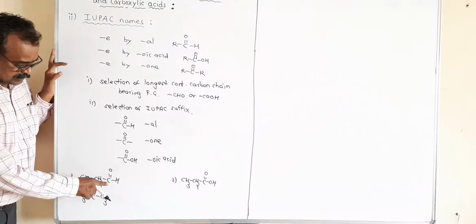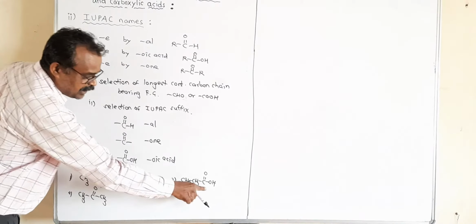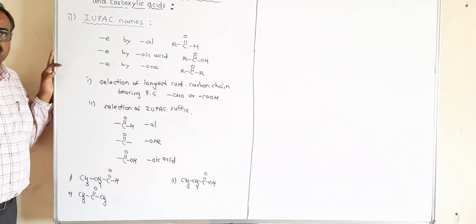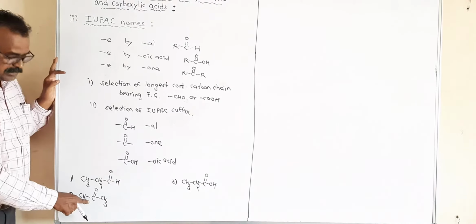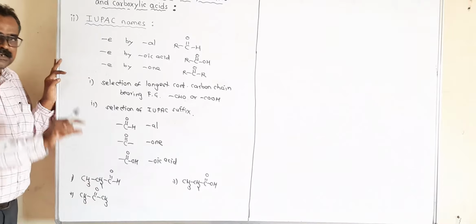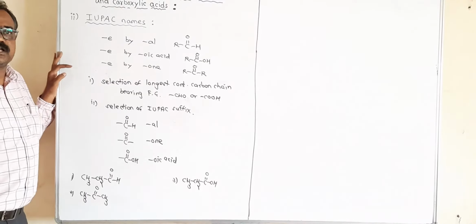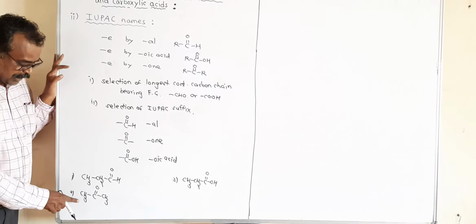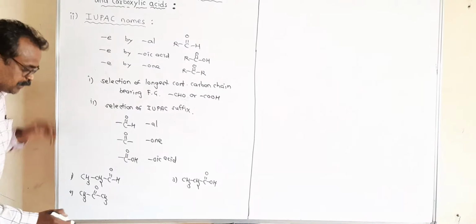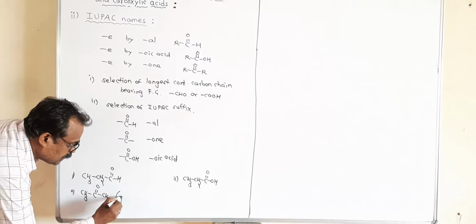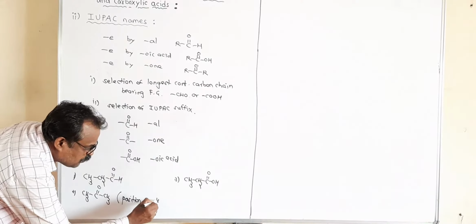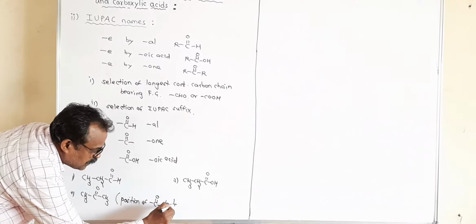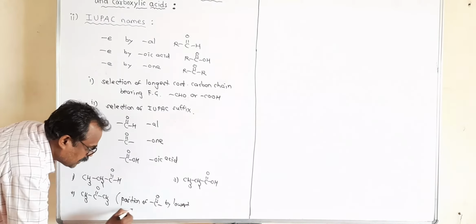Therefore, the carbon of the aldehydic and carboxylic group is labeled as 1, and this ketonic group is present in the middle of the chain. Therefore, when you are writing the IUPAC name of a ketone, it is important to indicate the position of the CO group by the lowest possible number.